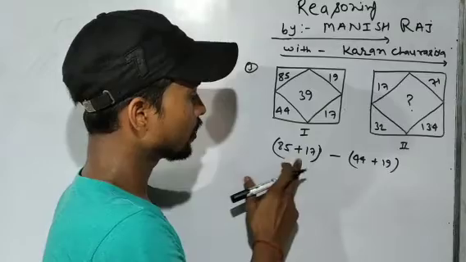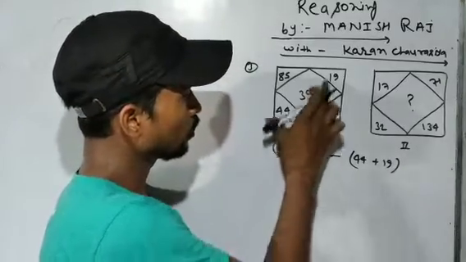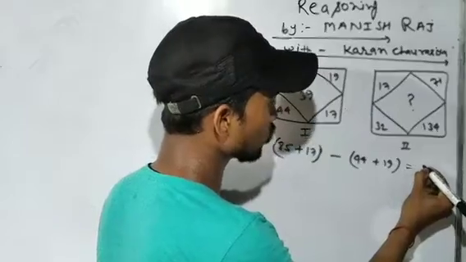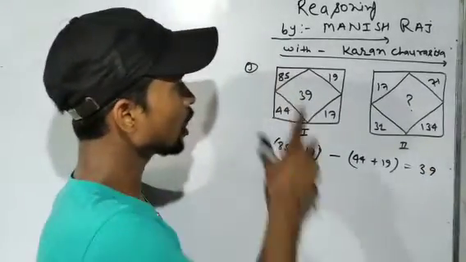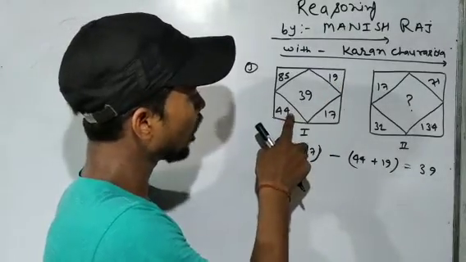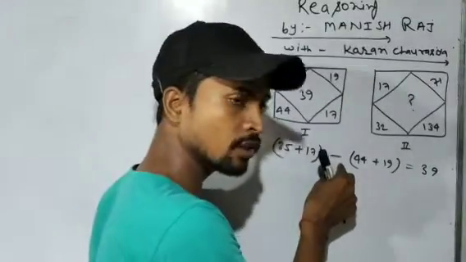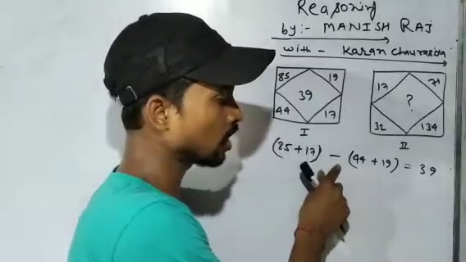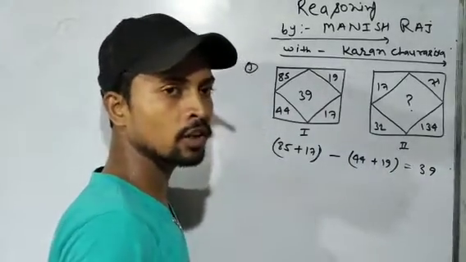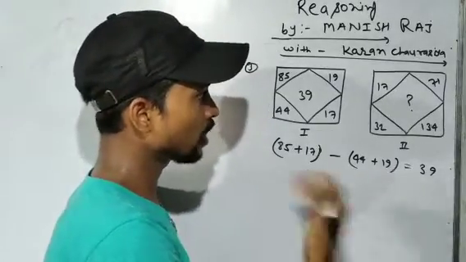The diagonals are added and both sums are subtracted, then we get the middle box number 39. Okay, 85 added to 17, and 19 added to 44, and when we subtract them from each other, we get the middle box number. Then we can apply it to the second rectangle.